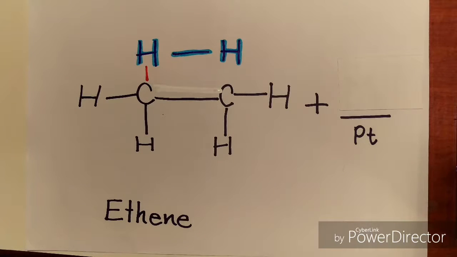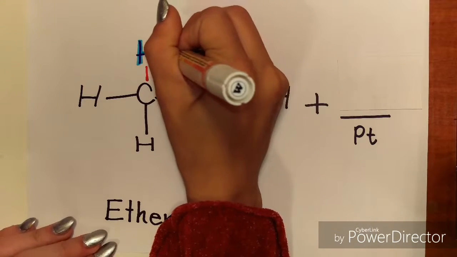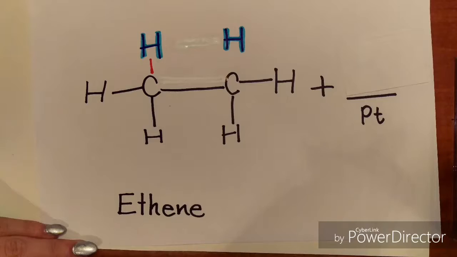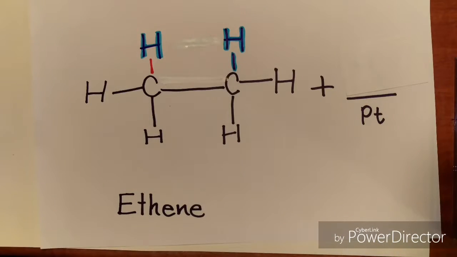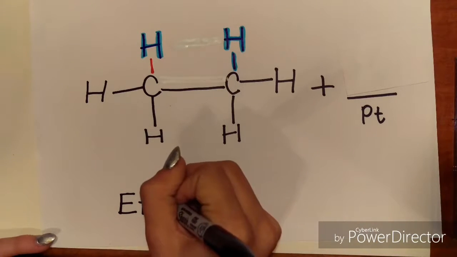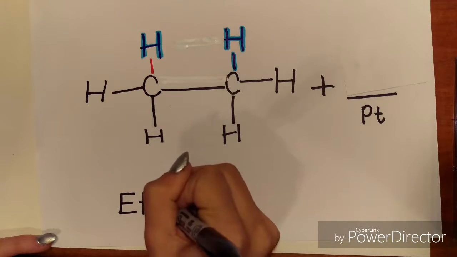And then we will move this bond from the remaining hydrogen and attach it to the second carbon. It is also noteworthy to realize that the molecule is no longer called ethene, but now ethane, due to it now having a single bond.